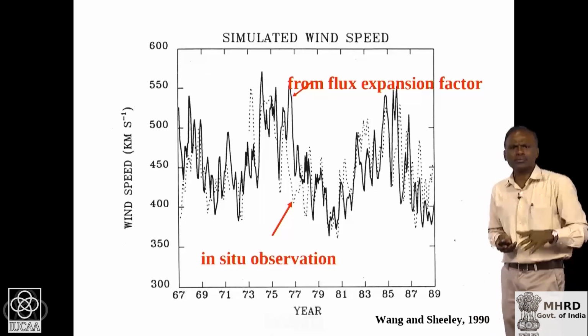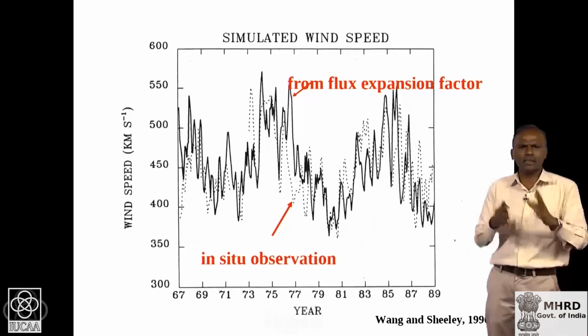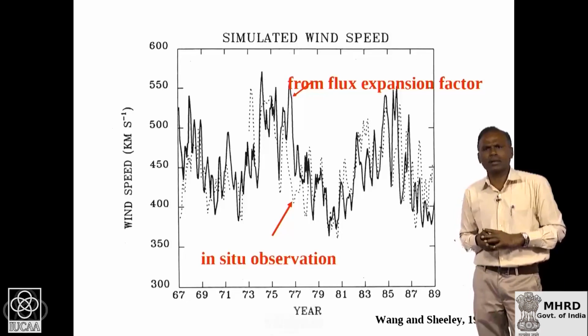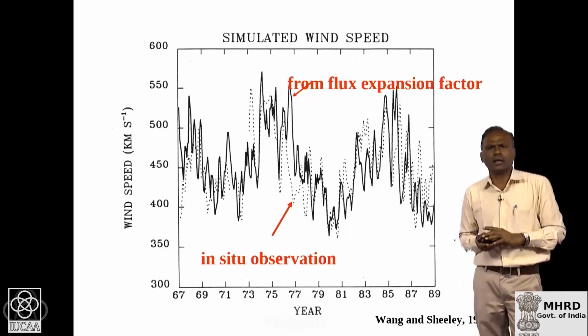So, here the x axis shows the year, and on the vertical axis we have the solar wind speed. These are from in situ measurements.